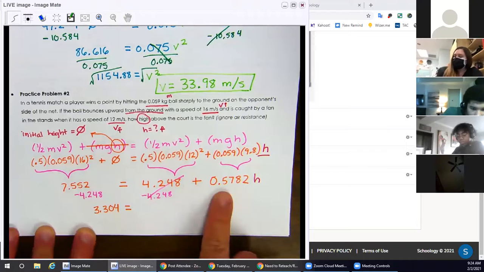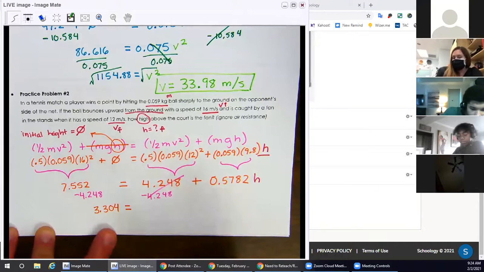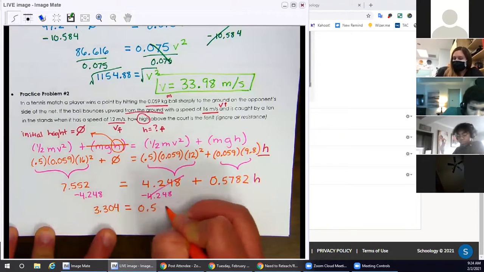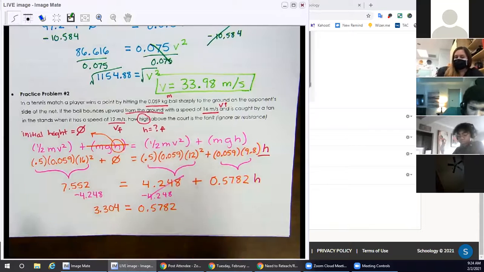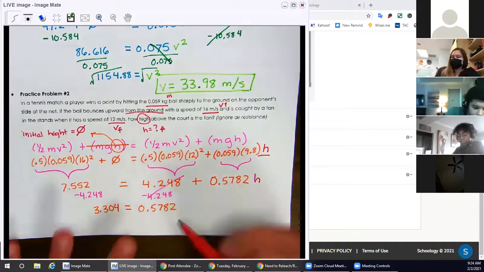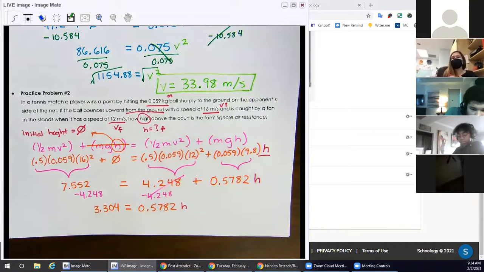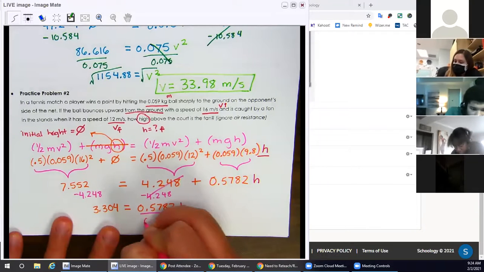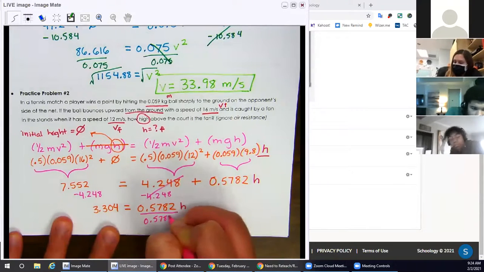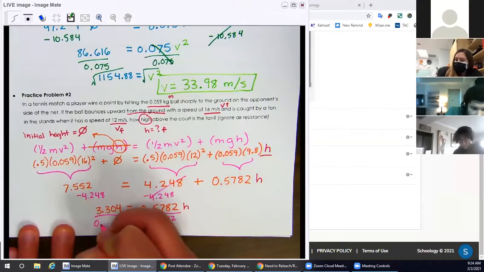And that's equal to, we still have 0.5782 H. And the very last step, all you need to do is divide. Just divide by that 0.5782 number.